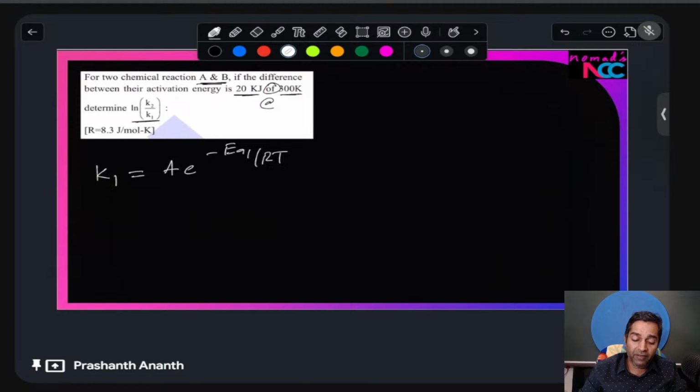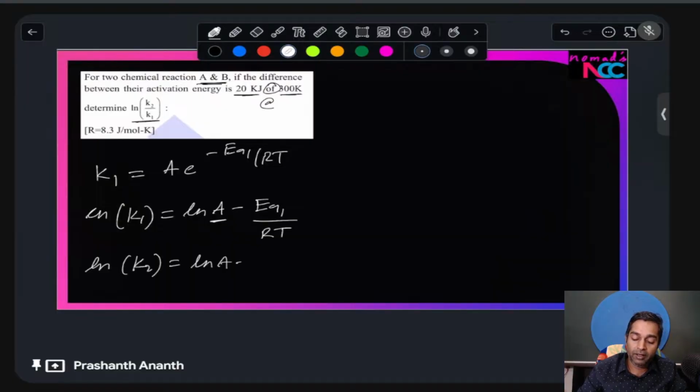So ln K1 can be written as ln A minus EA1 by RT. As simple as that. Similarly, if we have the same Arrhenius constant A, then only this is applicable. Same way, for ln K2, that will work out as ln A minus EA2 by RT.